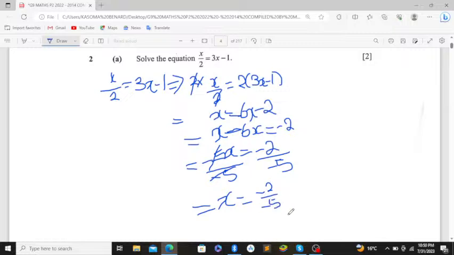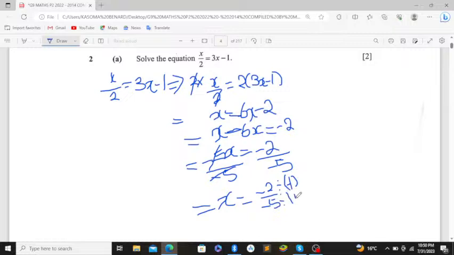Now what we can do here, for us to find the positive numbers, is divide both numbers on top and down by -1.